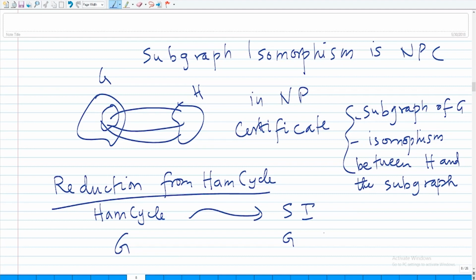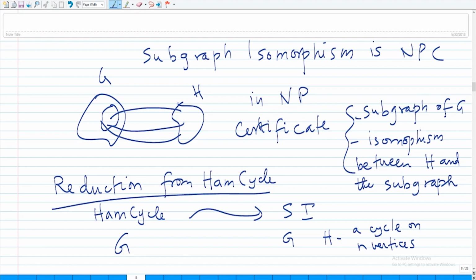And my H would be simply a cycle on n vertices. Now, if G has a Hamiltonian cycle, then this copy of H sits in G. That's exactly the definition. And if there is a copy of H in G, G has a Hamiltonian cycle.